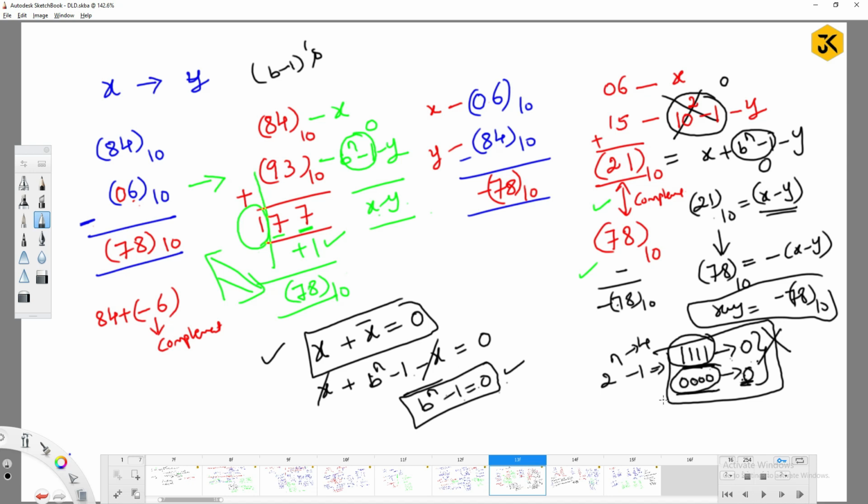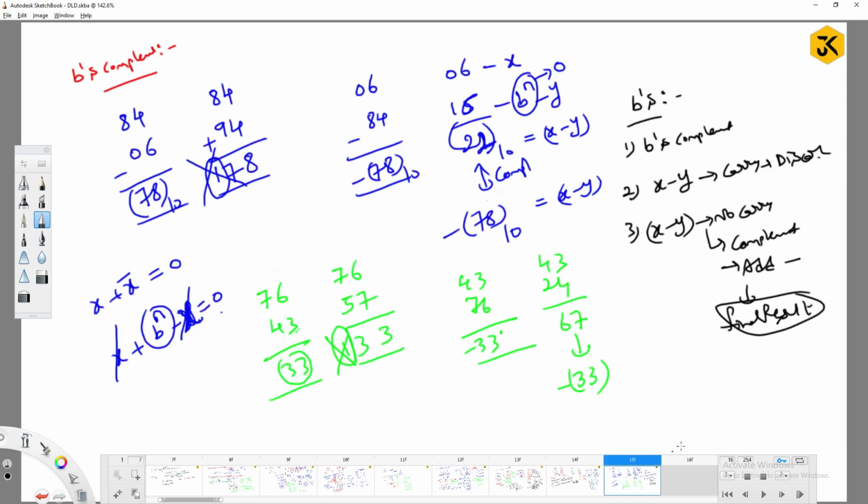According to our assumption, the two patterns, 4 ones and 4 zeros, will both be equal to 0. Whereas in b's complement, it is possible that b power n is equivalent to 0. What is b power n? b power n minus 1 is the maximum possible number. After that, the next number you are going to get is b power n.